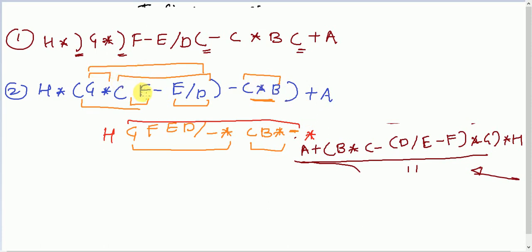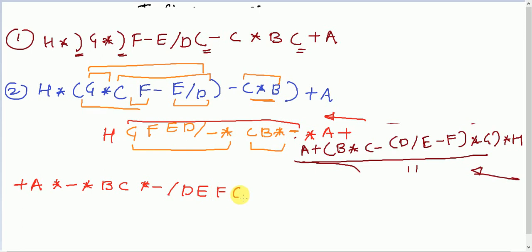And then the answer of this is getting added with A. So this whole answer is getting added with A. Now if I write the complete string in reverse order, I'll get the answer as plus A multiplication minus multiplication B C multiplication minus divided by D E F G H. Okay, this is the answer. So now, by using the direct method, how can we solve the answer for prefix?